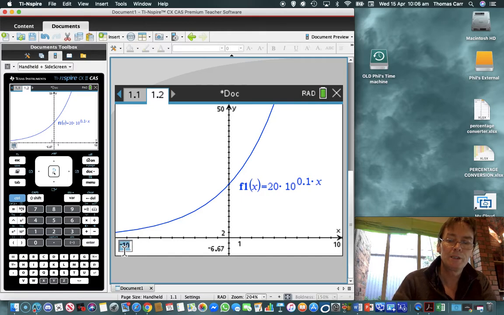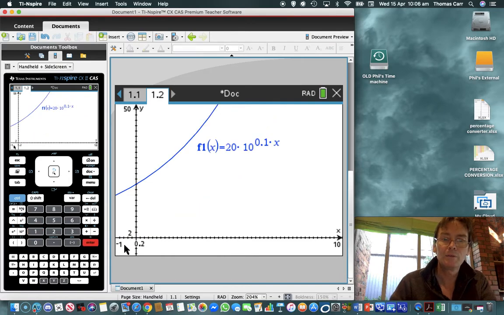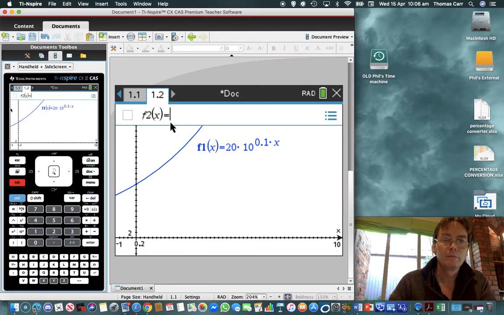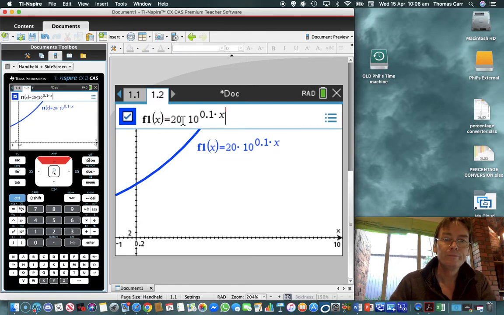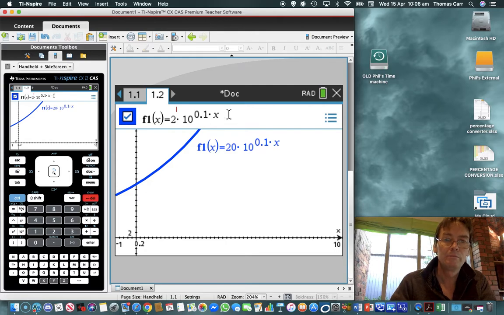So I might just change that so that we're only seeing a part of the graph that we want to see. So now I've got my graph. What happens if I change some of this? If I hit my tab button and my up arrow, what's going to happen if I change that 20 to 30?